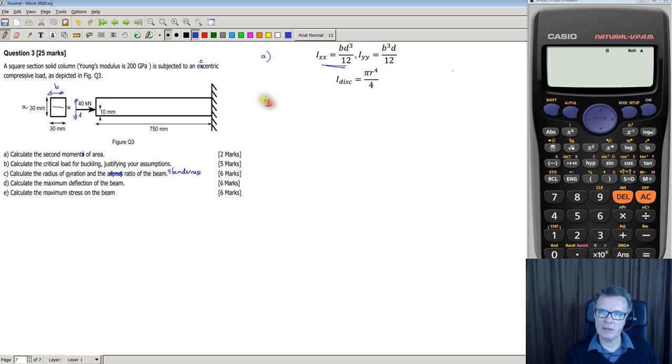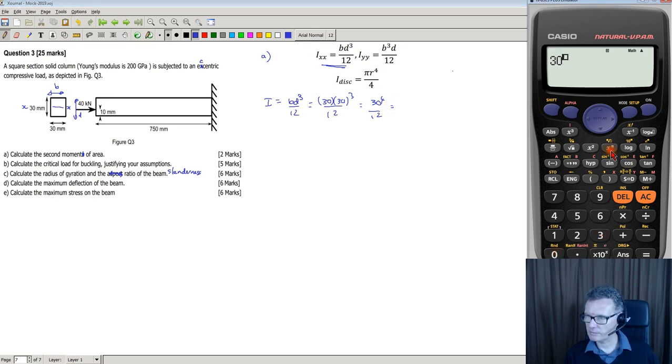The depth will be this distance d, the breadth will be this distance b. So I is given as b d to the power 3 over 12. The breadth is 30 millimeters, the depth is 30 millimeters to the power 3, divided by 12. So that's 30 to the power 4 divided by 12. Let's use a calculator. 67,500 millimeters to the power 4.